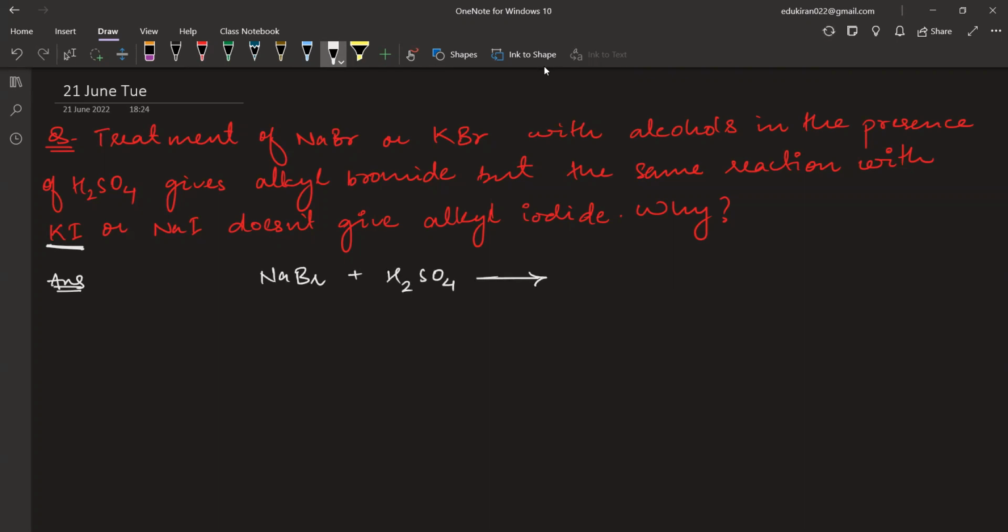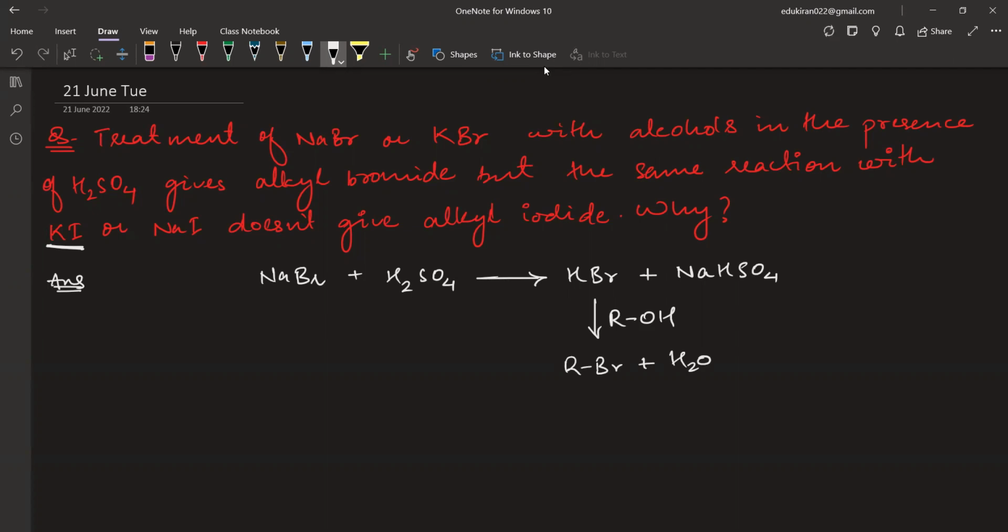It is going to give me HBr plus NaHSO4, Na plus HSO4 negative. Now this HBr is further going to react with alcohol and it will give you RBr plus H2O. So this is the reaction that happens.